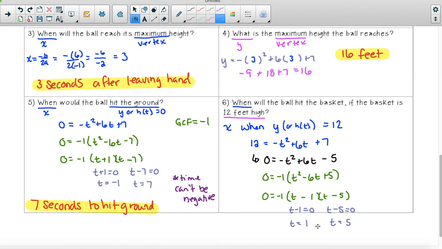So both of these answers are positive, but the question asks, when will the ball hit the basket? After we've shot the ball up, we want to know when it will actually hit that basket. Well, that's looking for the largest x value, because it can't hit the basket 1 second after we've shot it up if it takes 3 seconds just to get to the highest spot. So 5 seconds is your largest solution.